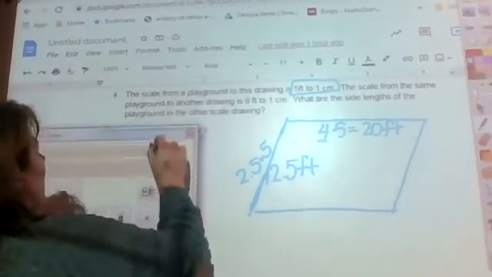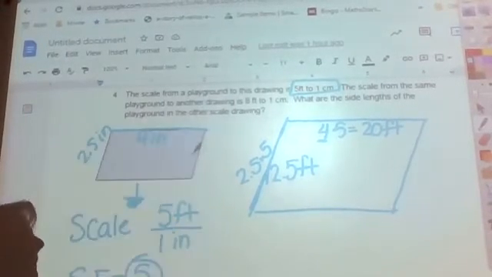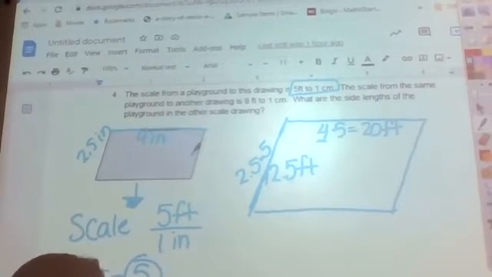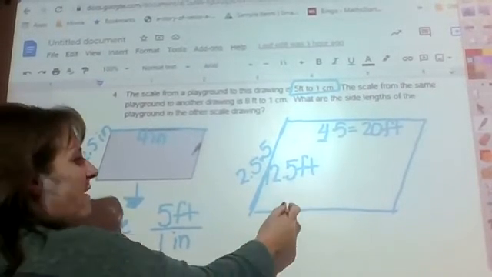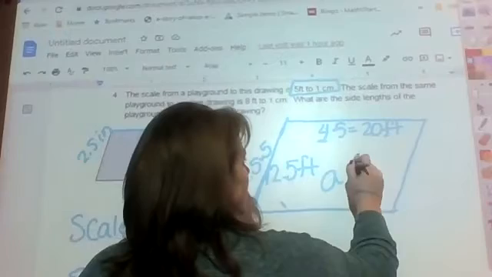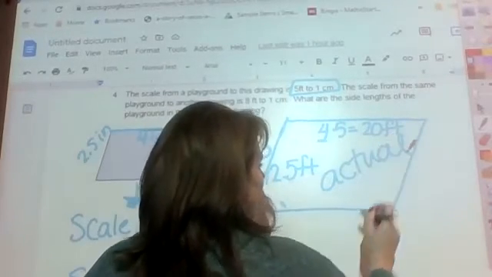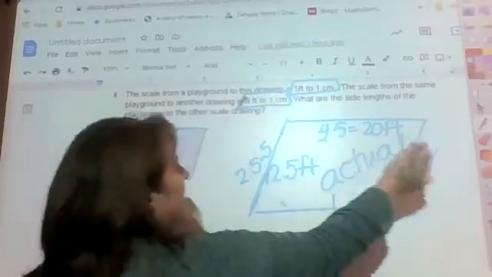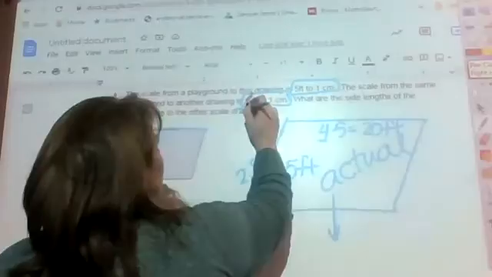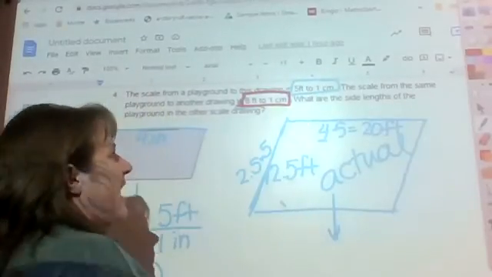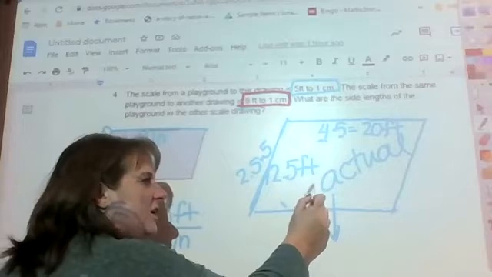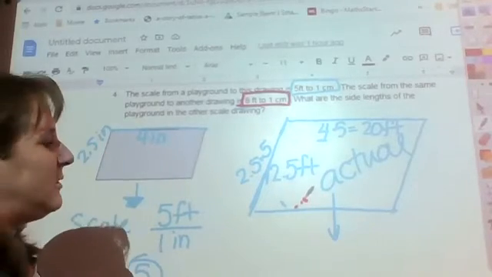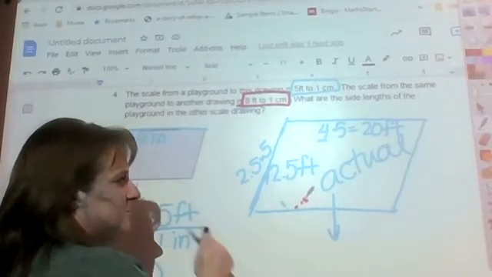But now we have to make a scale drawing of this. So this is the actual, and we're going to make a new drawing using this scale factor. So this scale factor is for every 8 feet on here is 1 centimeter on my drawing.